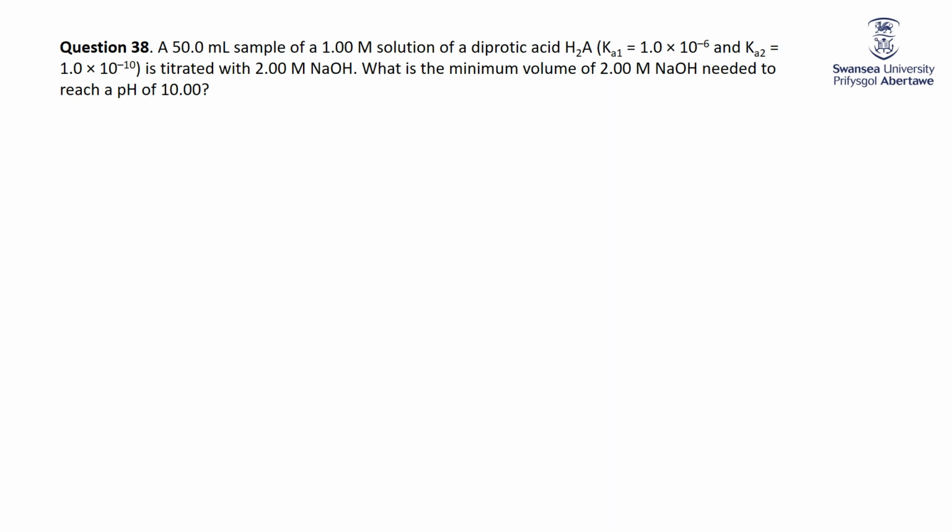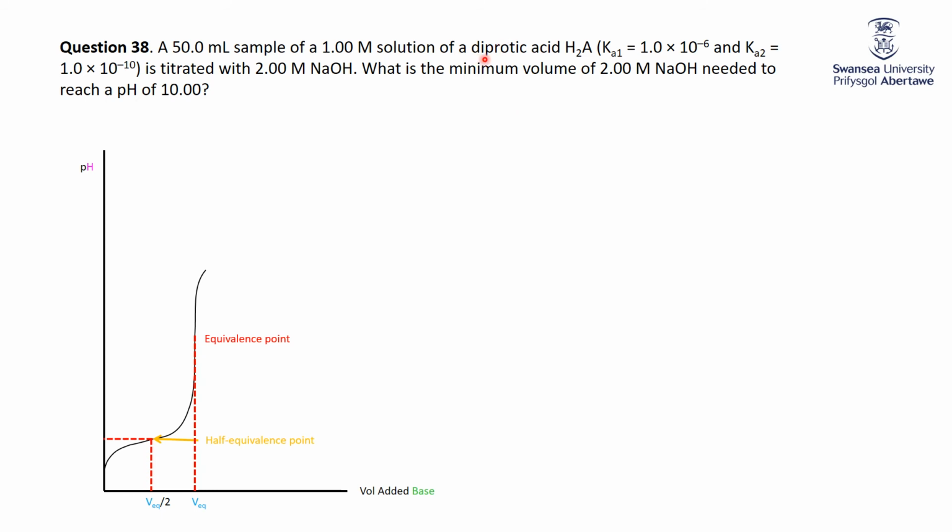Now, important: in that last question we said monoprotic acid, because here we're talking about a diprotic acid, H2A, for which I give you two Ka values. So let's think about titration of a diprotic acid. We start with the diprotic acid. We add some of the base, get halfway, so that's the half equivalence point, and then we add that same amount again, and we've got the equivalence point.